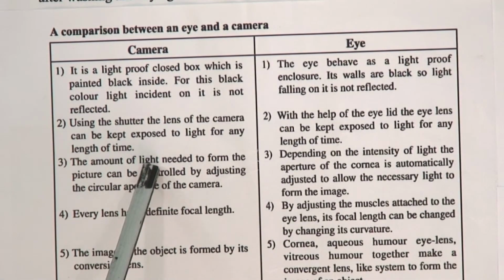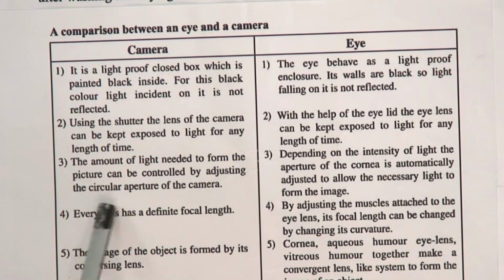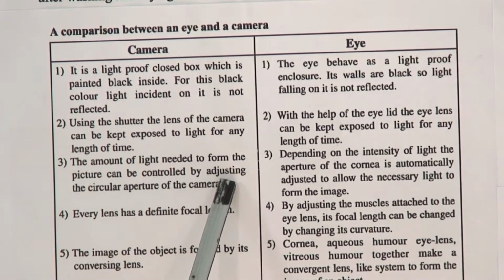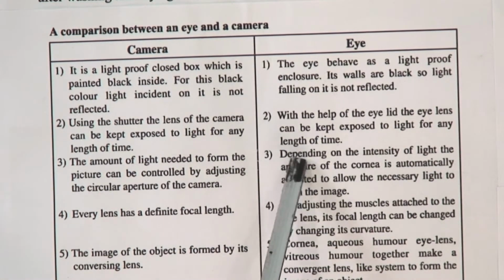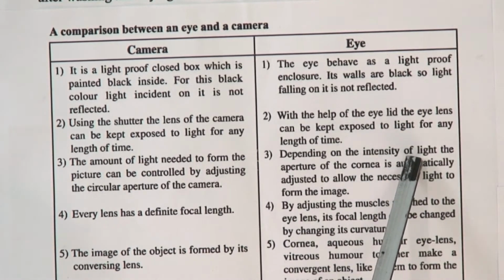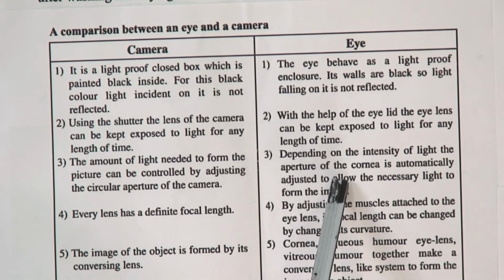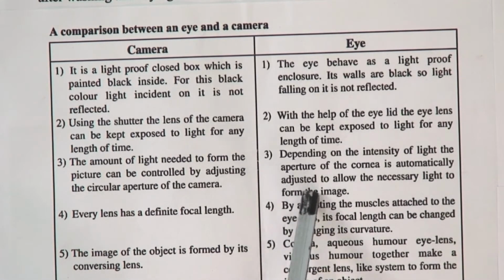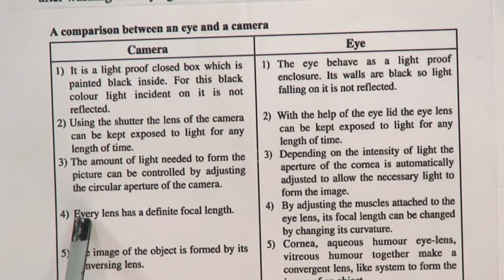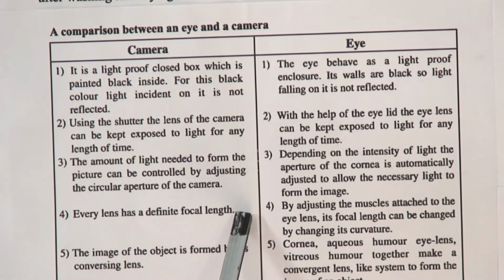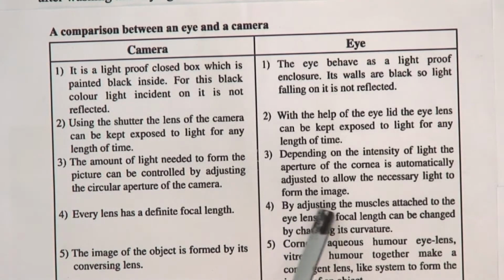Third one, the amount of light needed to form the picture can be controlled by adjusting the circular aperture of the camera. For the eye, depending on the intensity of light, the aperture is automatically adjusted to allow the necessary light to form the image. Fourth one, every lens has a definite focal length. By adjusting the muscle attached to the eye lens, its focal length can be changed by changing the curvature.